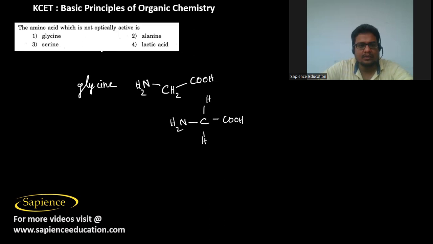So for being optically active, the amino acid or any organic compound, we should have a chiral center or a chiral carbon. But a chiral carbon means that carbon which is linked to four different groups. Here, this carbon is linked to two similar groups and two different groups.